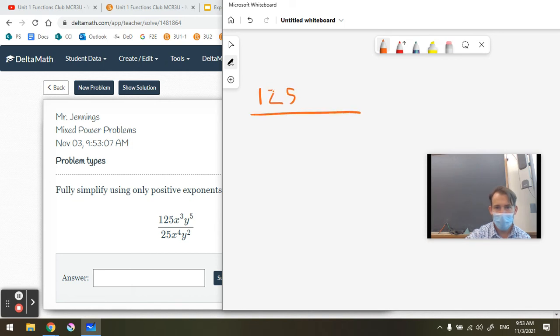125 divided by 25. That's where Siraj got 5. And then x to the 3 over x to the 4 will give me x to the 3 minus 4, which is x to the negative 1. Or I can just cancel these and leave 1x on the bottom, however you like to do it. And then y to the 5 over y to the 2.